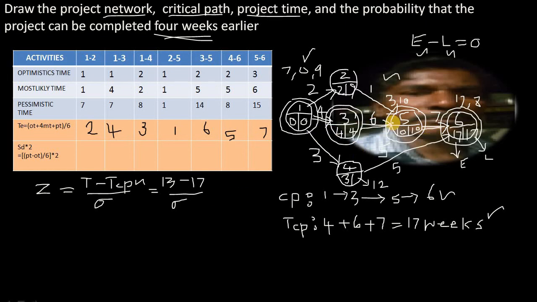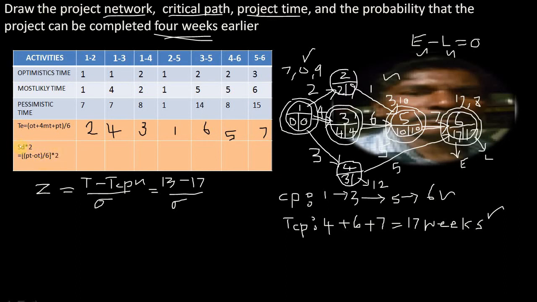We have to take the standard deviation through the critical path only. For that we have a formula: standard deviation equals pessimistic time minus optimistic time divided by 6, the whole square.